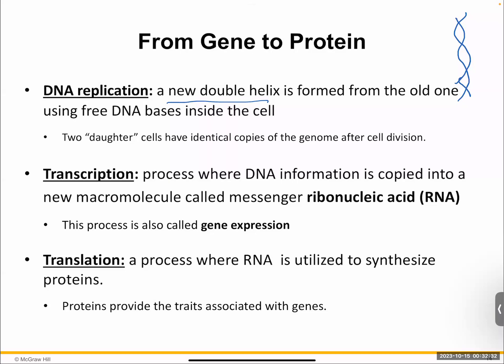And when the replication is done, what I will be creating is two double helixes, if I can actually draw a double helix. Sometimes it doesn't work as easily. And this is referred to as the daughter DNA or the next generation DNA.